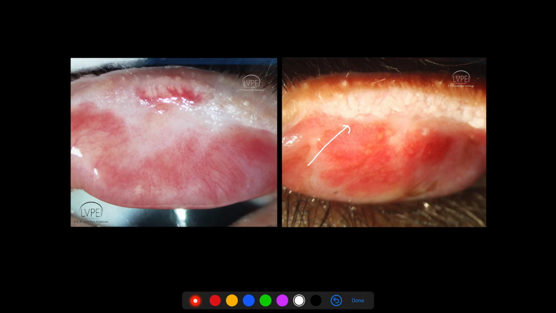Okay? In the photograph on your left, you can see that there is a distortion of the mucocutaneous junction, and if you trace it, you can see that it is not uniformly posterior migrated. There is a part in the center where the mucocutaneous junction is actually normal.